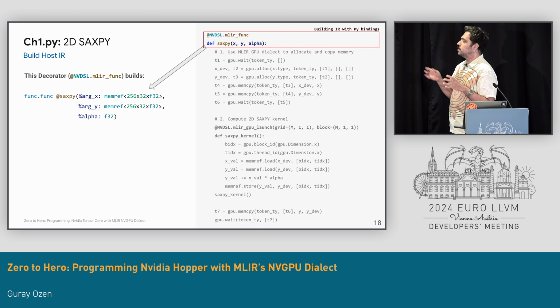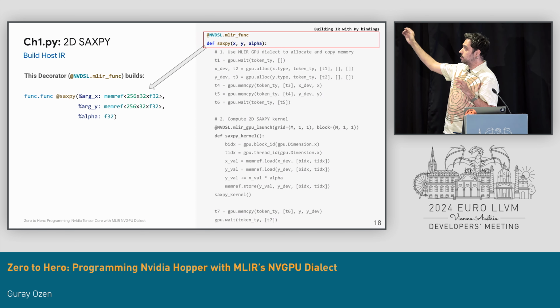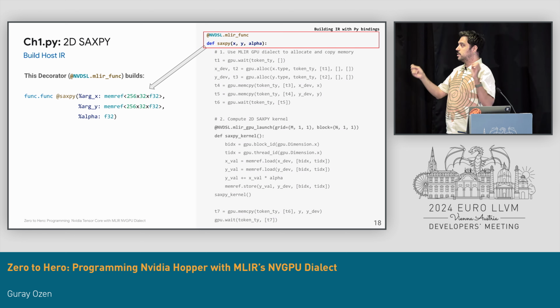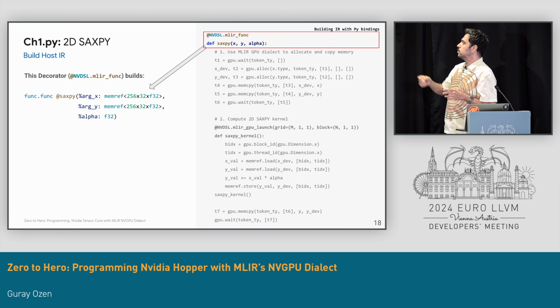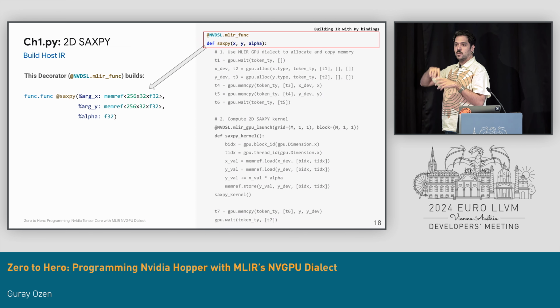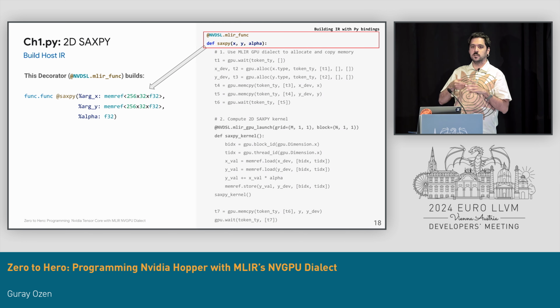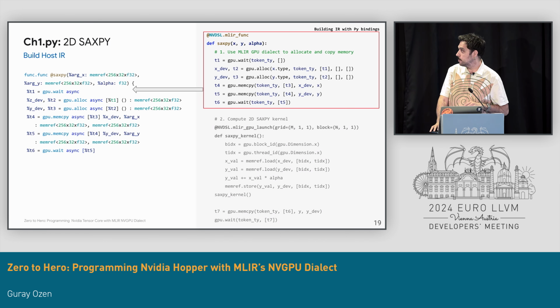What it does is generate a funcop in the function dialect. And you can pass numpy arrays. For example, x and y are numpy arrays, but it translates them into memref. So it is MLIR now. And if it's a scalar, like F32, it translates that. And when you call this from Python, it JIT compiles and executes the program. So we have 2 decorators.